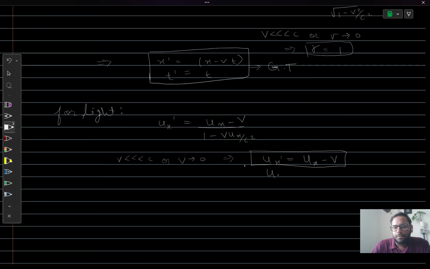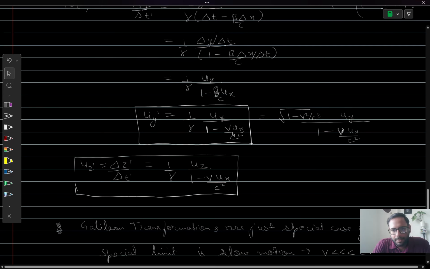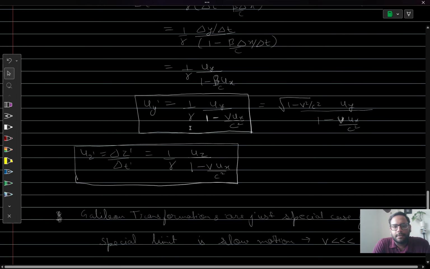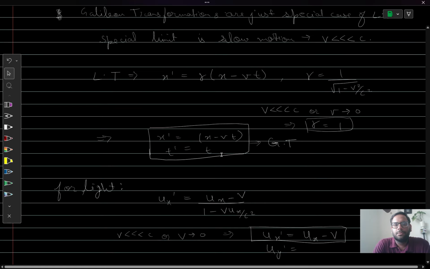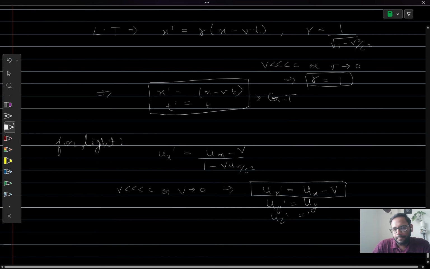And for u y prime, you can see from here, this will again be neglected, and your gamma will be 1. So u y prime will translate to u y, and likewise u z prime. So this is my velocity rule.